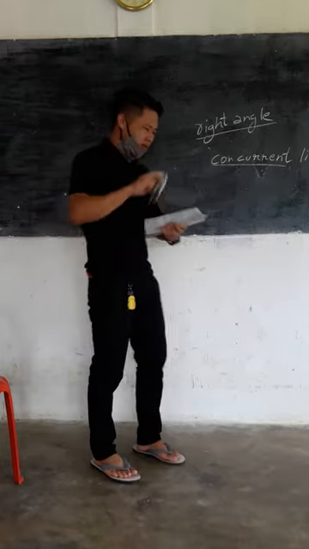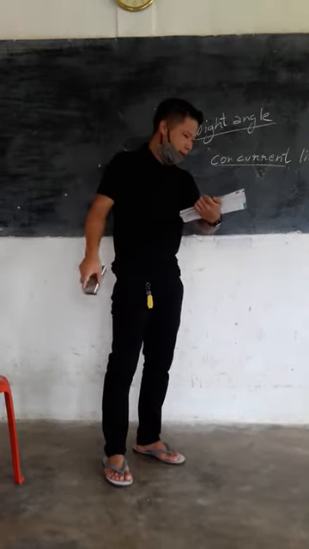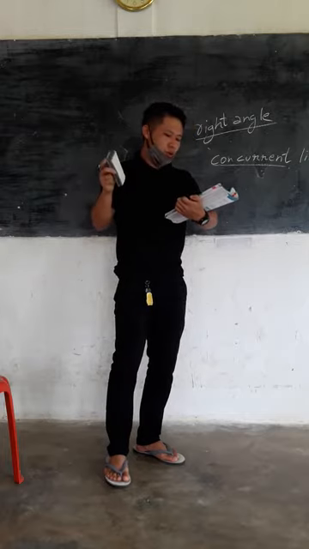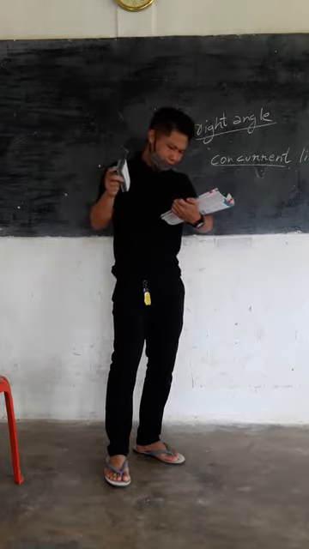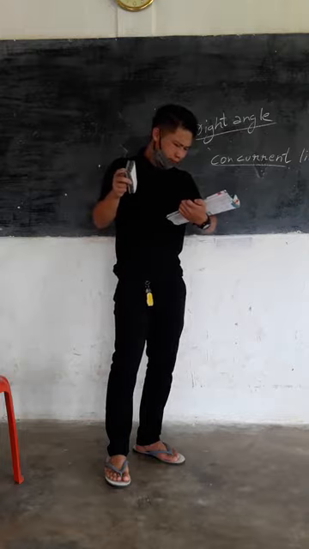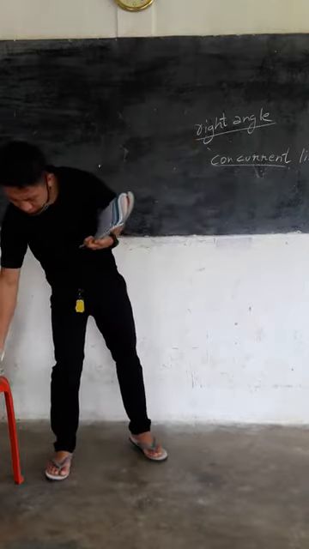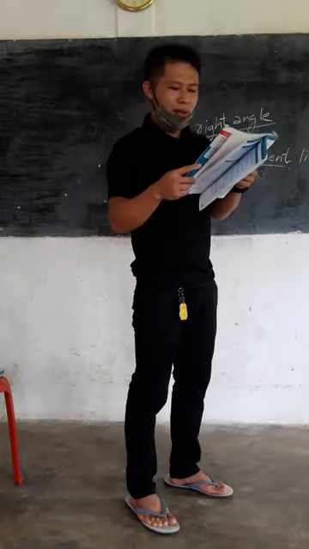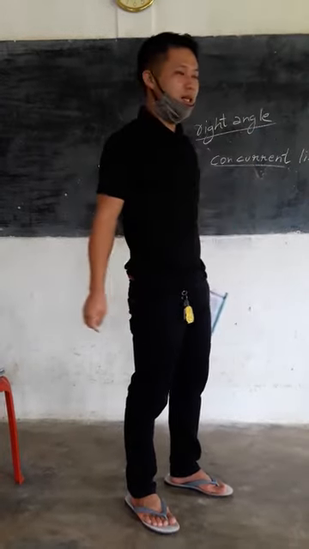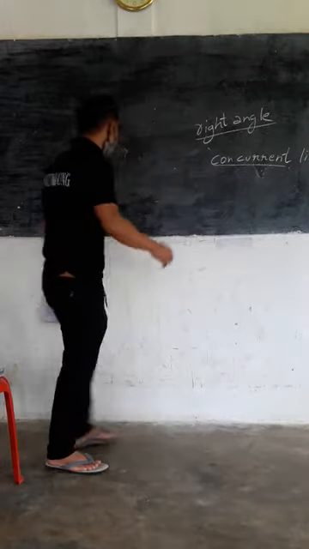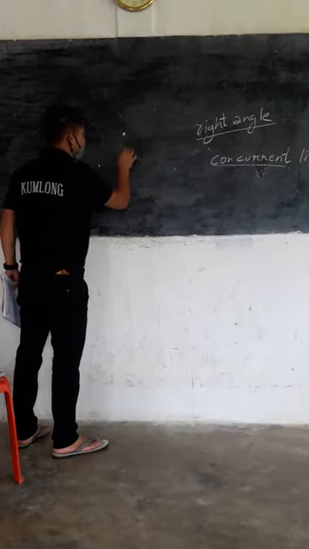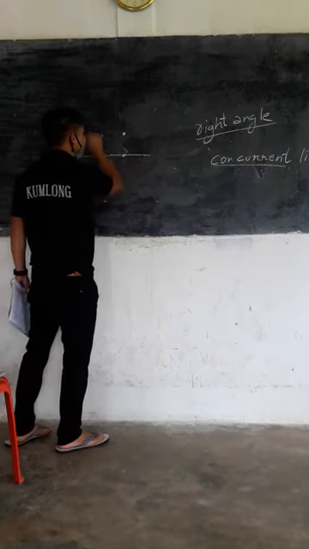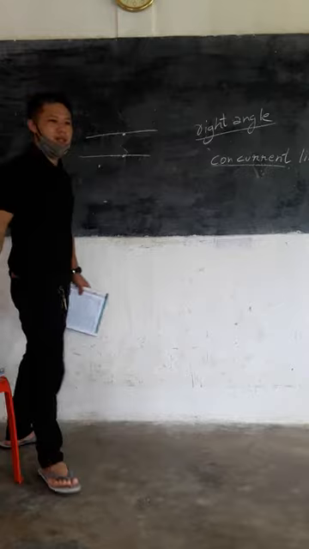Going back to question number C, the number of lines that can be drawn passing through 2 points. How many lines can we draw?